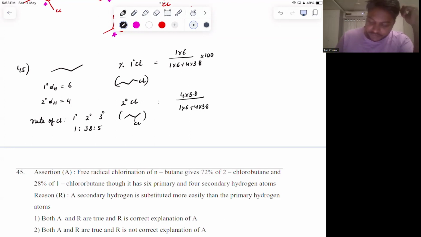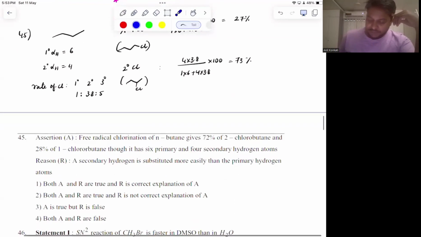This into 100, this into 100. This is coming out to be around 27%, and this is coming out to be close to 73%. So the option is correct. 72% of 2-chloro and 28%. Well, this is 72 and 28 to be precise. So the first one is true, the first one is correct.